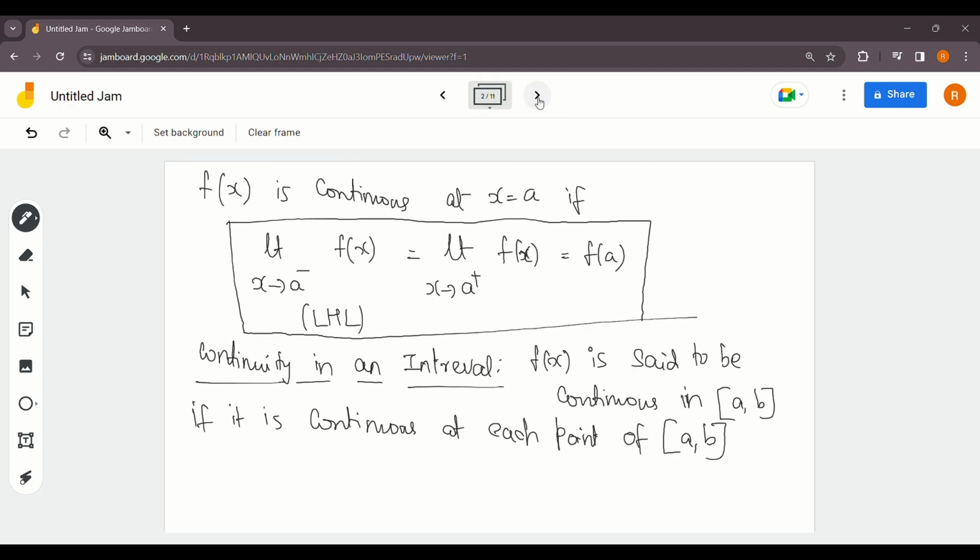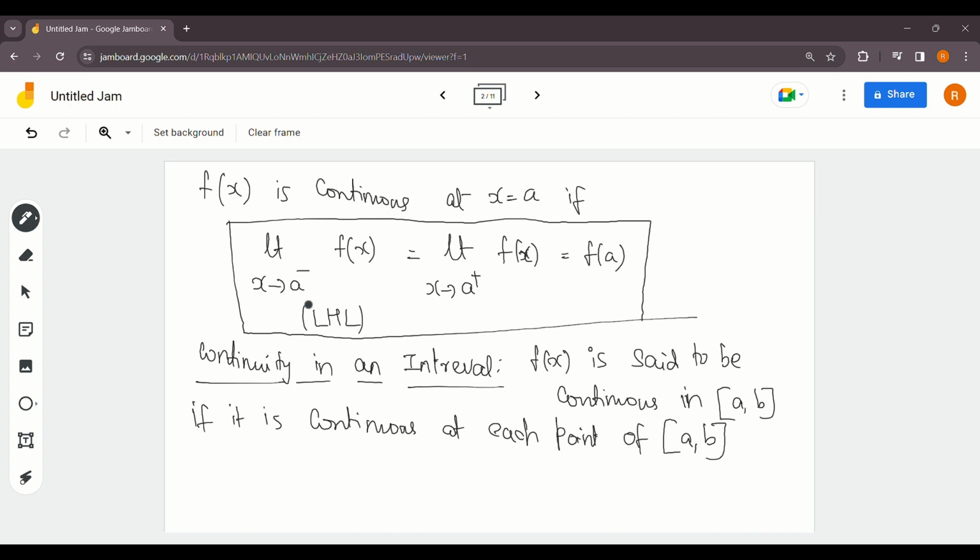Now if a function is continuous at x equal to a, now this is a new concept to you guys. Limit of x tends to a minus means left hand limit. Suppose we are assuming that a is 0. So 0 minus means towards the left of 0. That is, it is approaching 0 from the left hand side. So that is the meaning. So limit of x tends to a minus f of x, that is what I have written as LHL, which is otherwise called left hand limit.